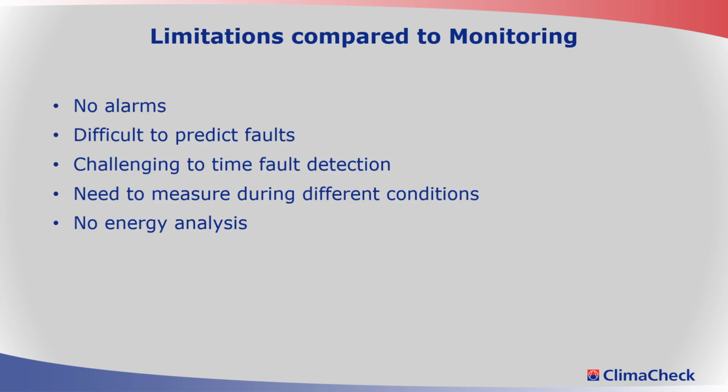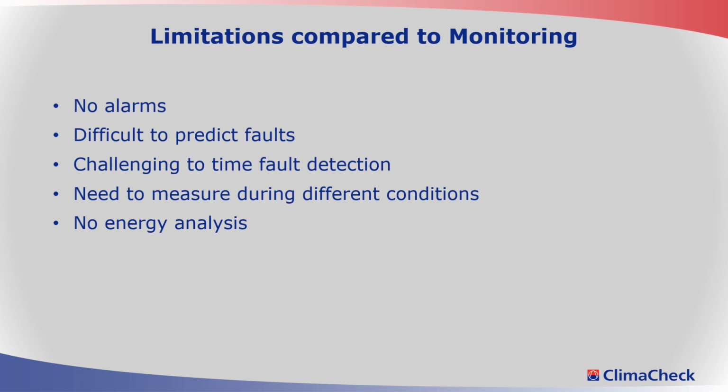It's important to know the limitations when using the on-site software compared to a monitoring tool. The on-site software is limited in time. We're doing the measurement maybe a couple of hours, maybe a couple of days, and there's a goal, an objective with that measurement. And the objective is not monitoring. So we will not have any alarms in the system.